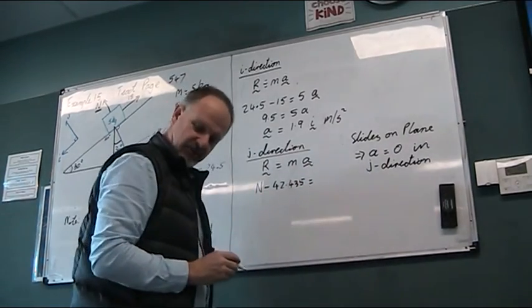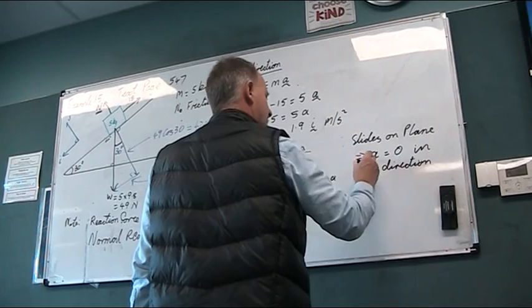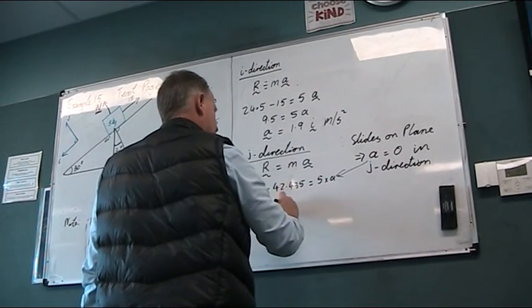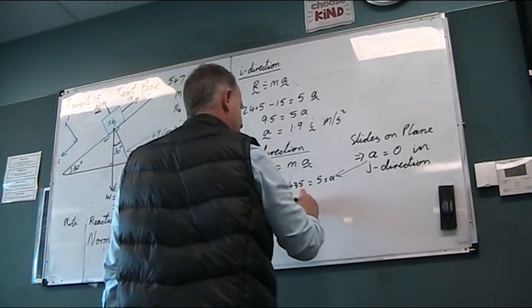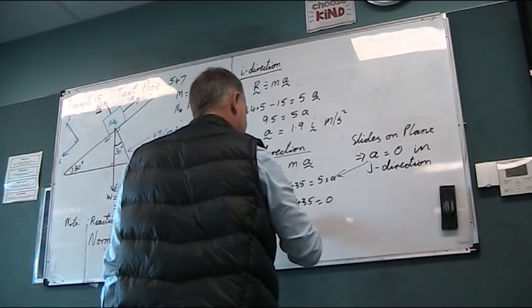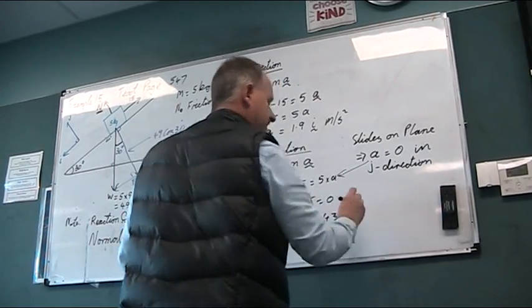And that equals 5 times A, and of course A is 0. N minus 42.435 is equal to 0, so our normal reaction force in this case is simply 42.435.